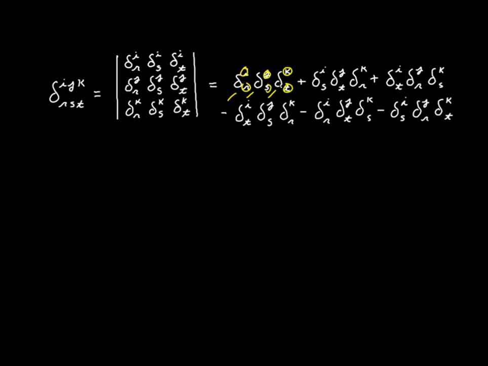Now what that means is that it's impossible for any of these terms to be equal to something other than 0 unless i, j, and k are the same combination of values, the same set of values. Because if they're not the same set of values, then we're not going to be able to create matching pairs of these index values on any one of these six terms.